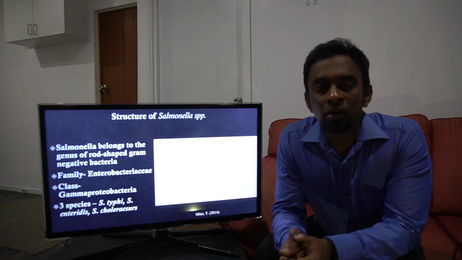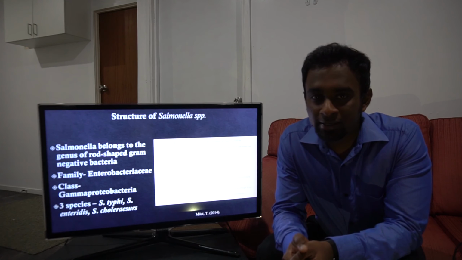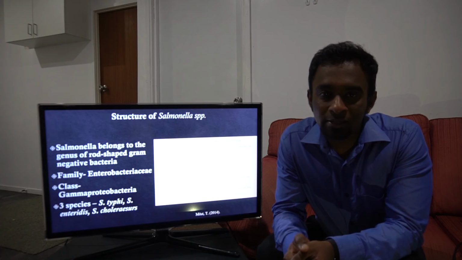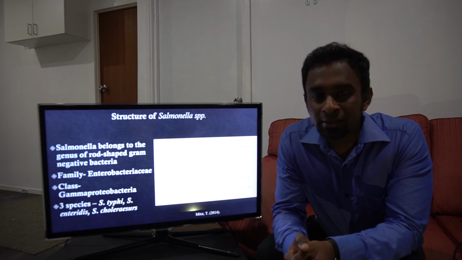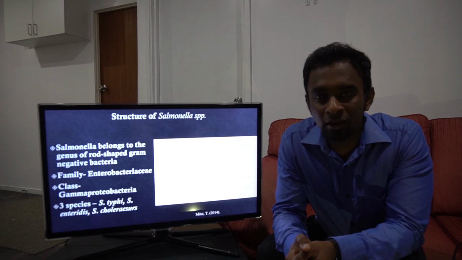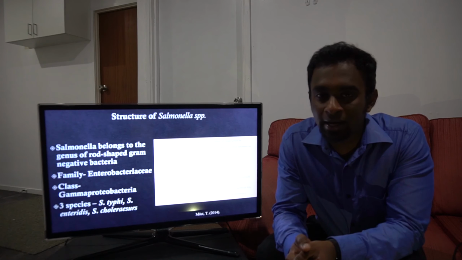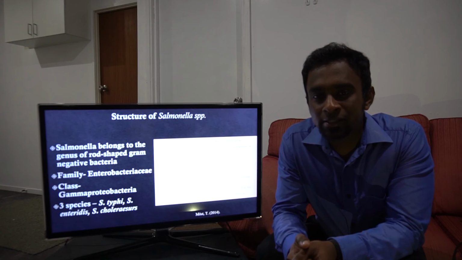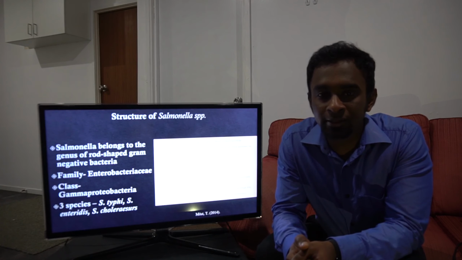Salmonella are gram-negative flagellated facultative anaerobic bacteria that possess three main antigens. H is the flagellar antigen, O is the somatic antigen, and Vi is the capsular antigen. H antigen has two forms, phase 1 and phase 2. It can change from one phase to the other phase.